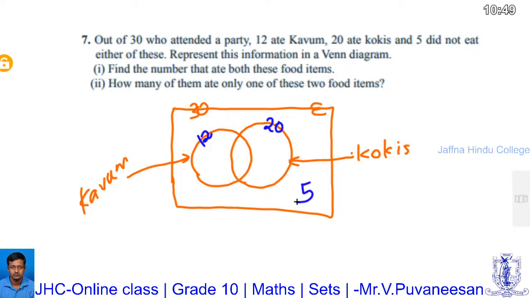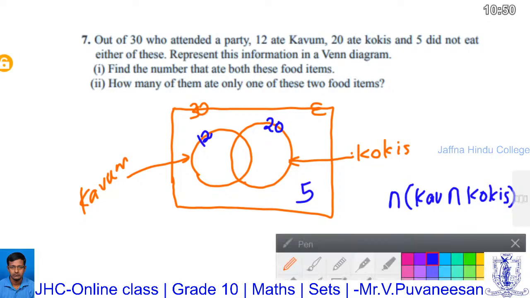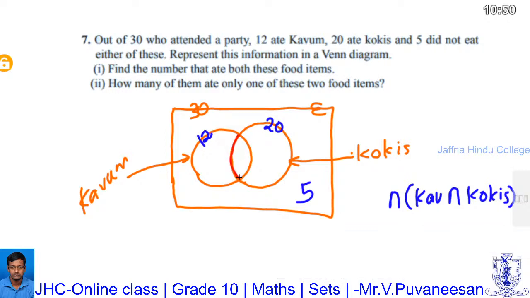Both these food items means the number of kavum intersection cookies. We have to find the number of members in this region.